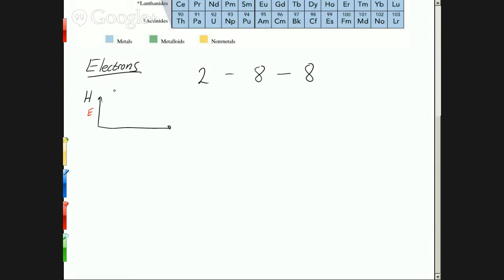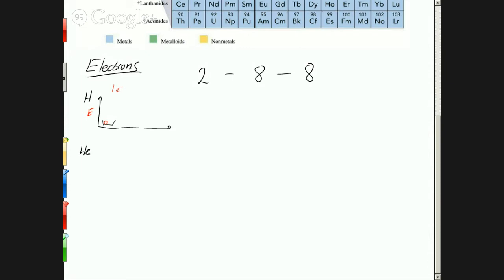How many electrons does a neutral hydrogen have? 1. Make a little bucket, a low energy bucket, and we're going to put 1 electron in it. Not exciting so far. We'll get a little more exciting in a minute.